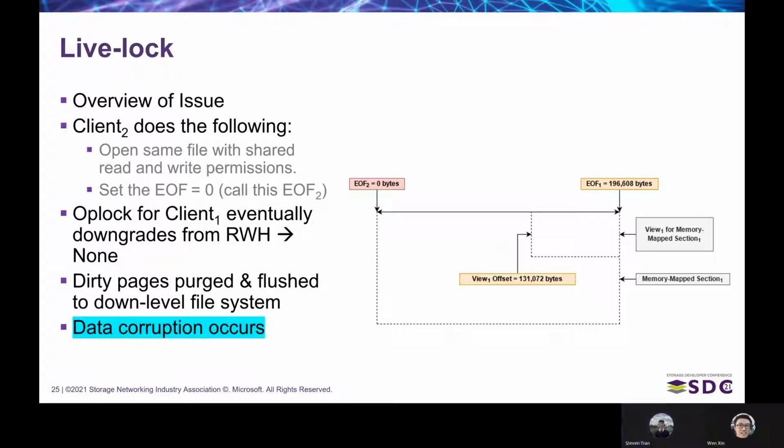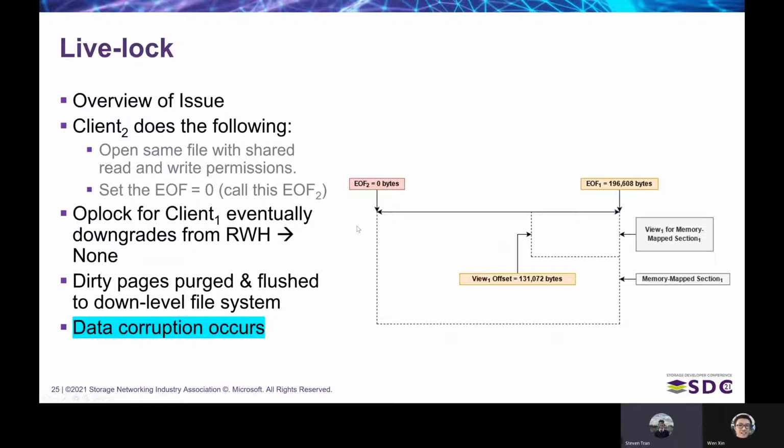So at the same time, we can see that the 16 kibibytes of dirty pages we previously saw in the earlier slide gets purged and flushed to the down-level file system that is present on the SMB server, and that view is now empty at the offset of 131,072 bytes to 196,608 bytes.